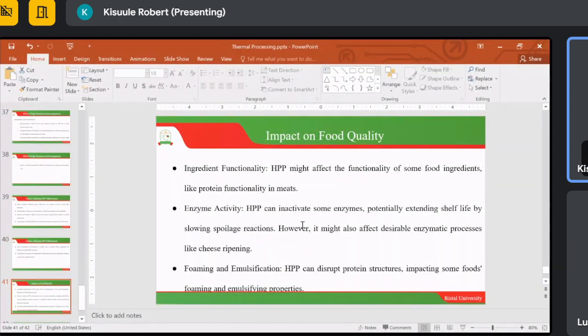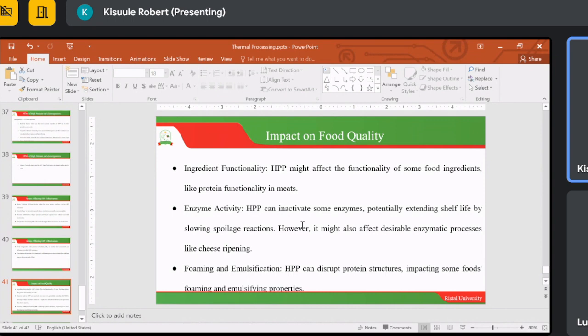Impact on food quality: ingredient functionality. For foods subjected to high pressure processing, this might affect the functionality of some ingredients, like the functionality of protein in meats.